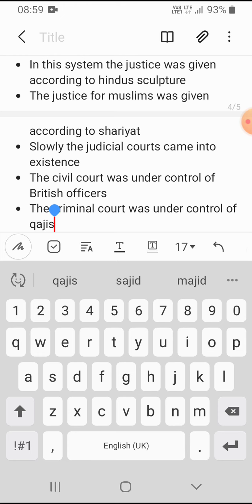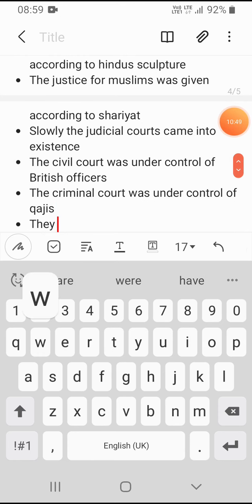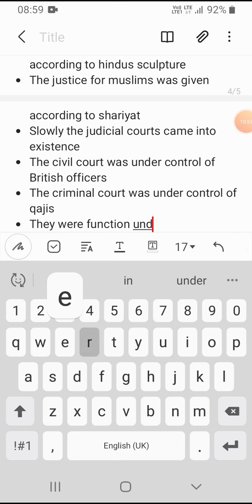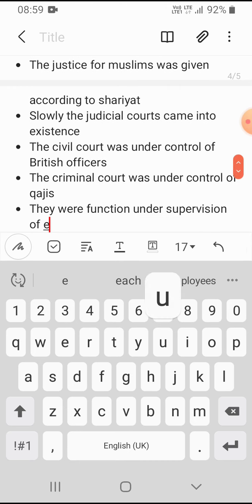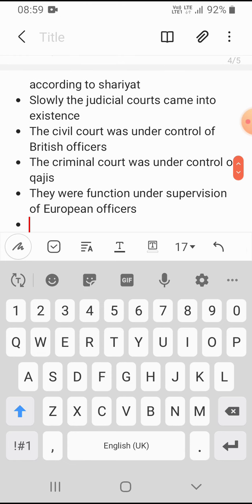They were functioning under the supervision of European officers.